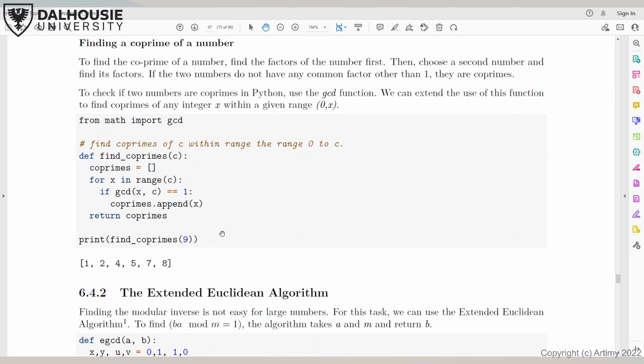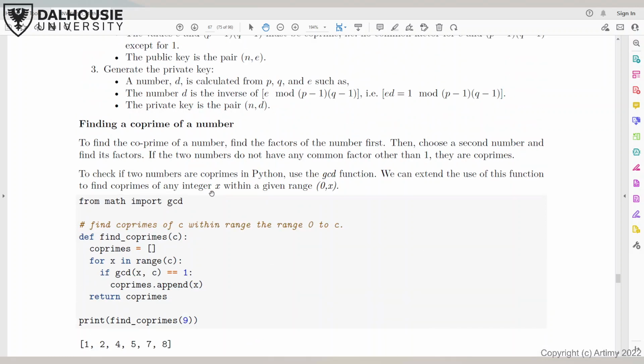So 1 is a coprime of 9, 2 is a coprime of 9, 4 is coprime of 9, 5, 7, and 8, all coprimes of 9. So that's easy, right? I can plug in 3 to 7, and it will give me all the coprimes from 1 up to 6.